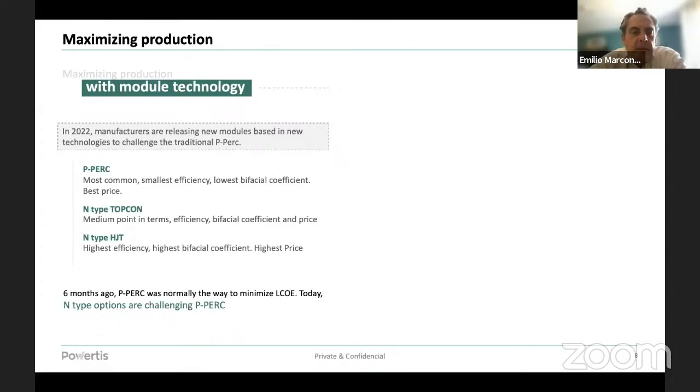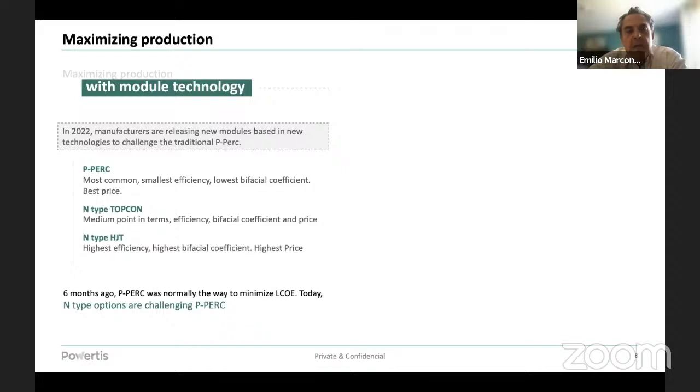This is changing. For the last 6 months, we have seen very active movements in the industry. PERC, which has been the most common module for the last 3 years, is obviously the cheapest right now. It's the most common, has the smallest efficiency when compared to the newcomers, but also the lowest bifaciality.